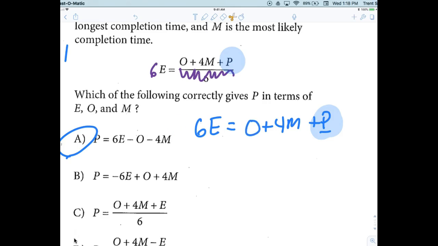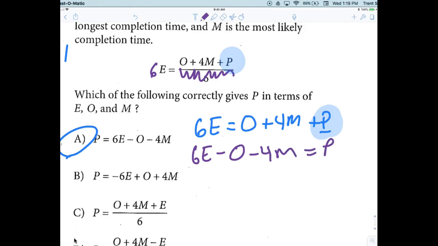If I move something, I have to change the sign. So it's positive over here. It's going to be what? That's right. That's why it becomes 6e minus o minus 4m equals p.